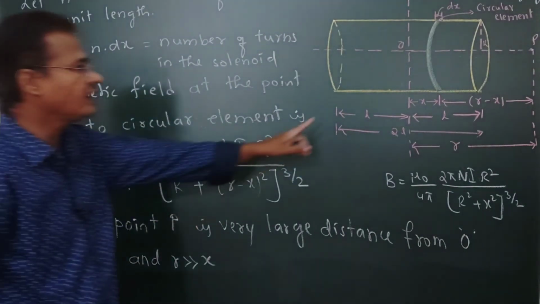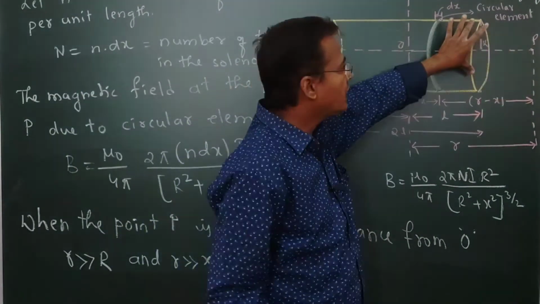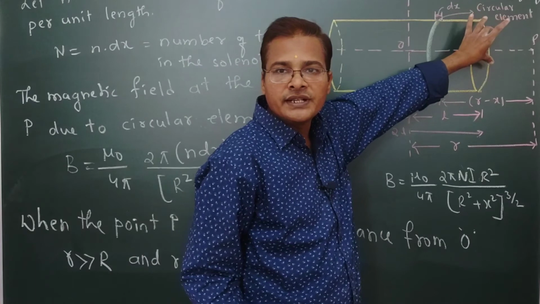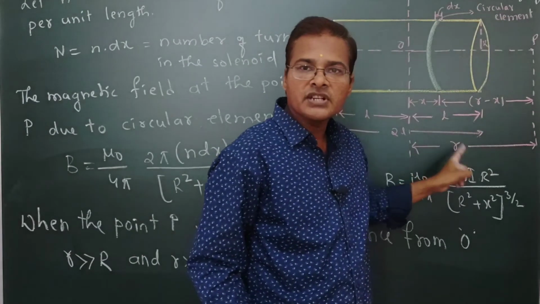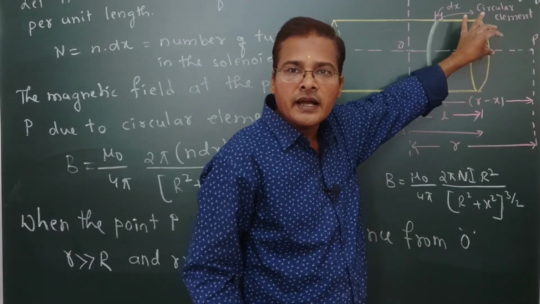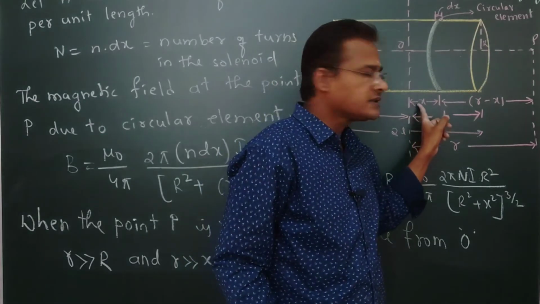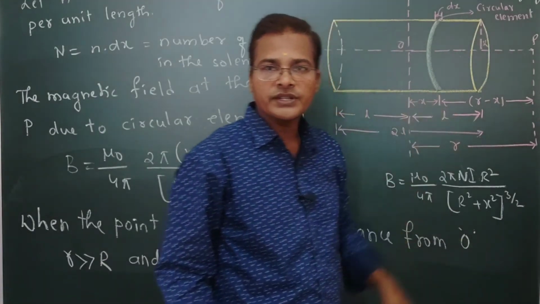So if a large distance is taken, small r is much greater than the radius and also the distance, and those terms become very small.